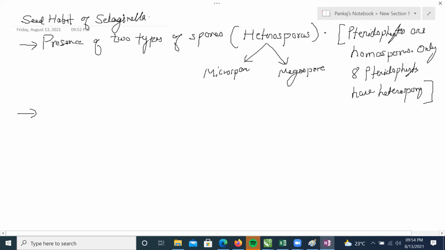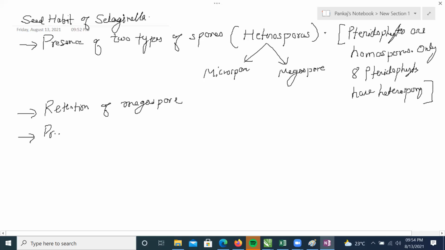Then second, retention of the megaspore. Megaspores are not released, so retention of megaspore by the plant is also part of the seed habit. Number 3, after fertilization the entire thing is protected, which gives some sense of a seed coat.